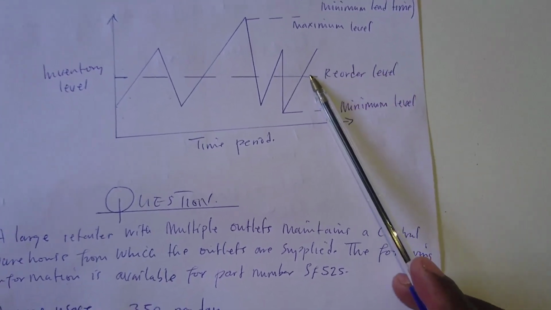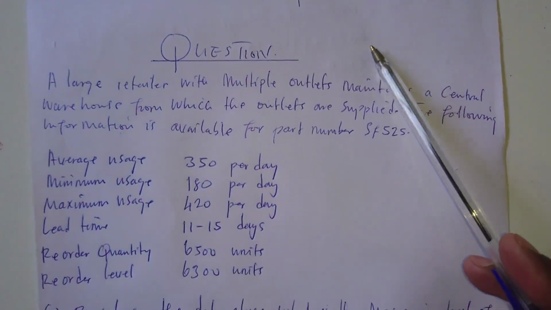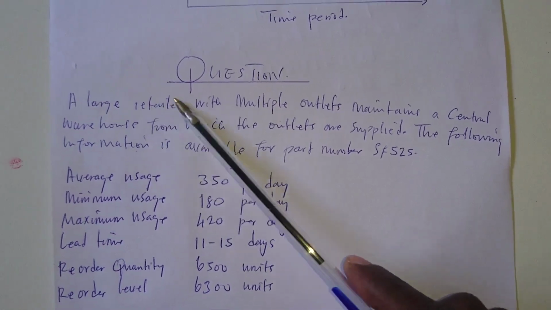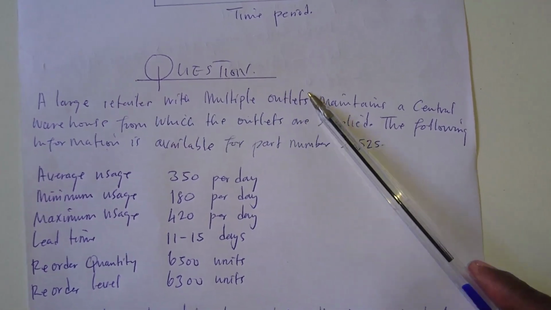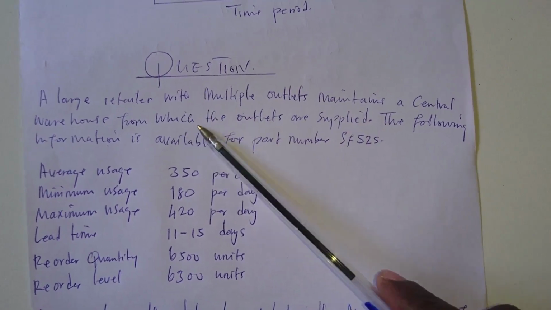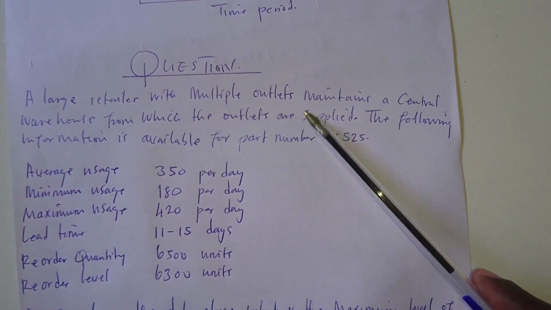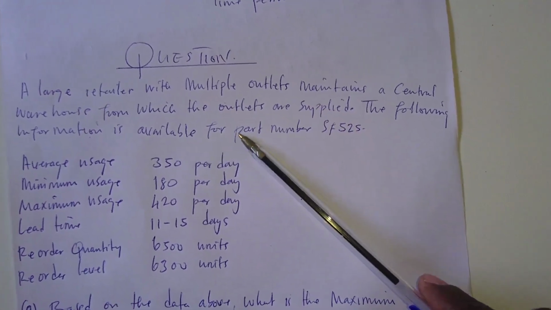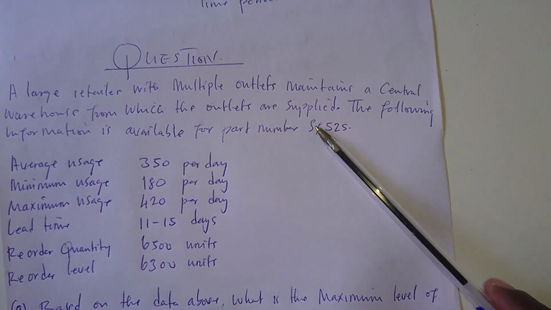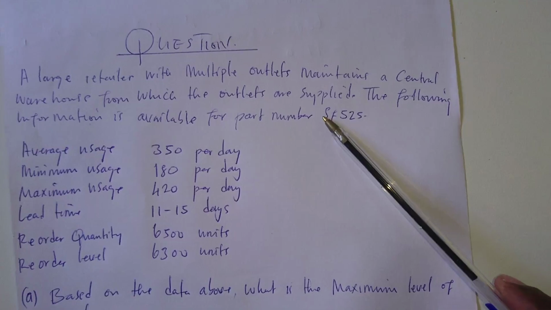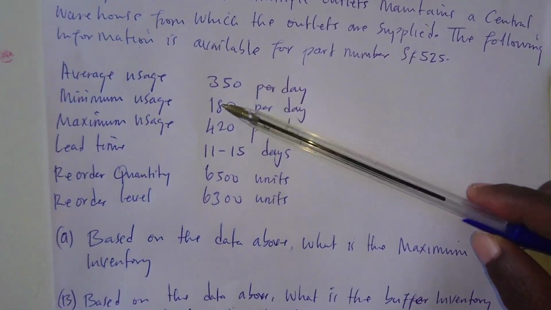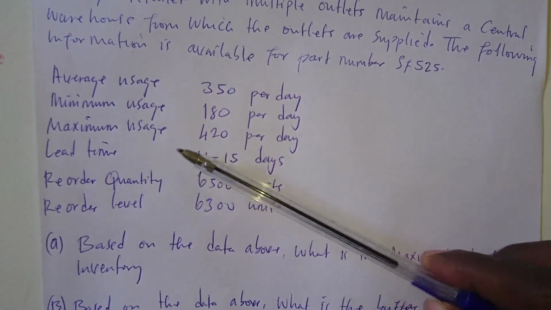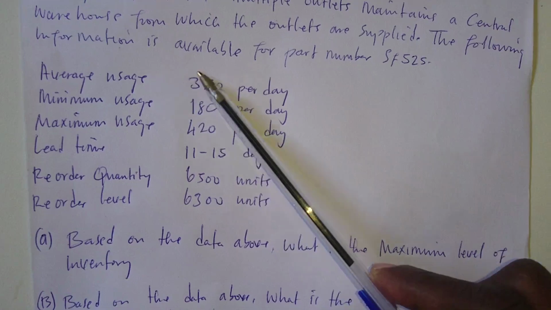Okay, so the reorder level, when your inventories reach this quantity level, you need to begin the process of making an order. All right, so I have a question here. The question reads: a large retailer with multiple outlets maintains a central warehouse from which the outlets are supplied. The following information is available for part number SF525. Okay, so you may be presented with the information like this, where we have the average usage.